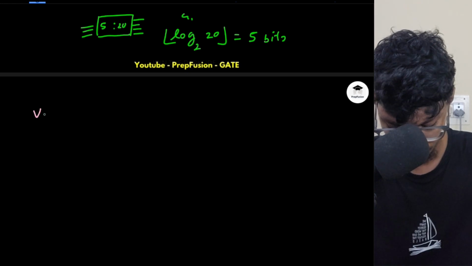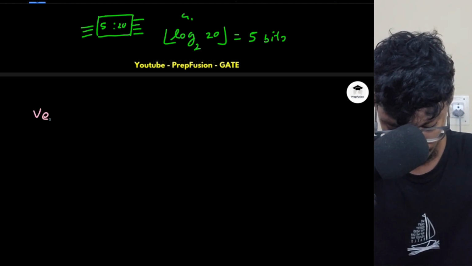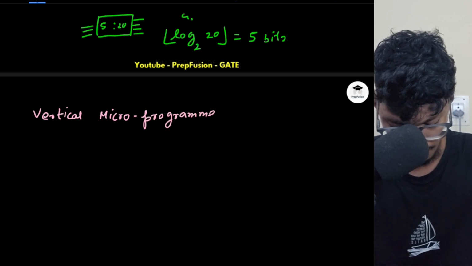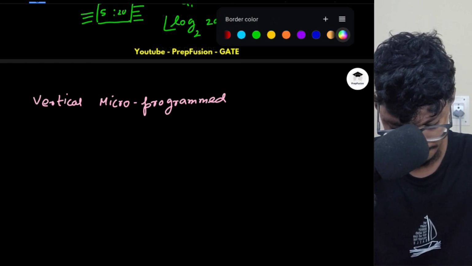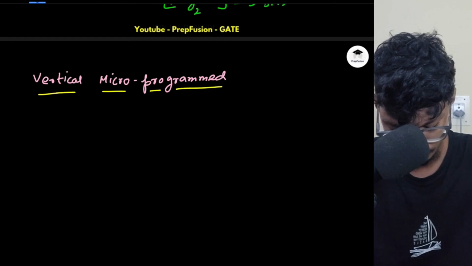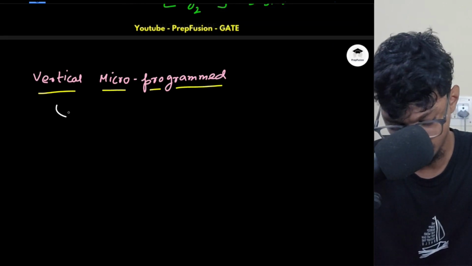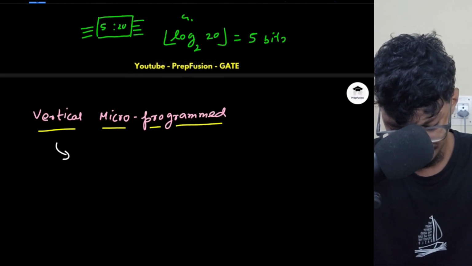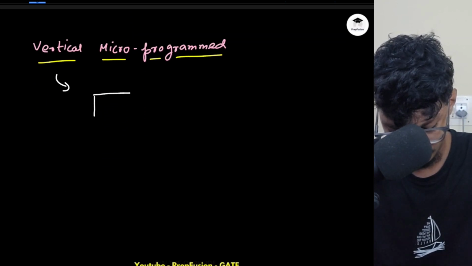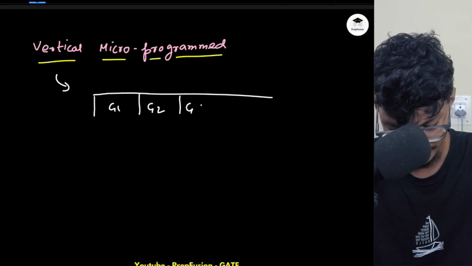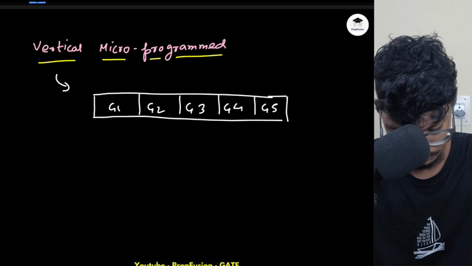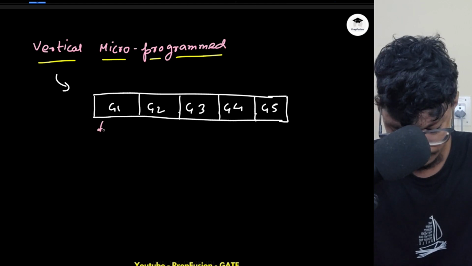So in vertical, the control word has G1, then G2, then G3, then G4, then G5.